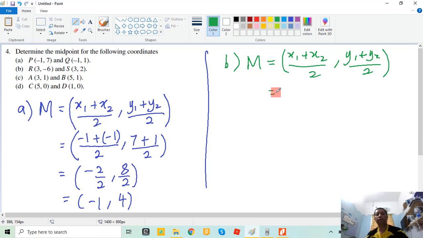So for question B, x1 is from point R, 3, plus x2 from point S, also 3.